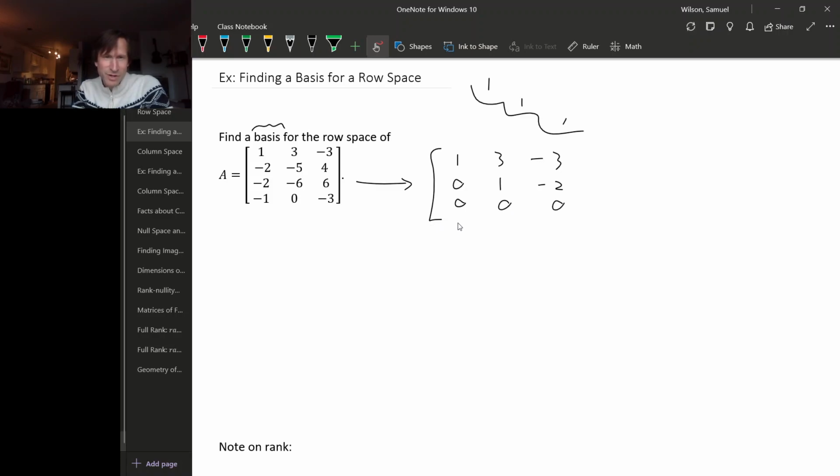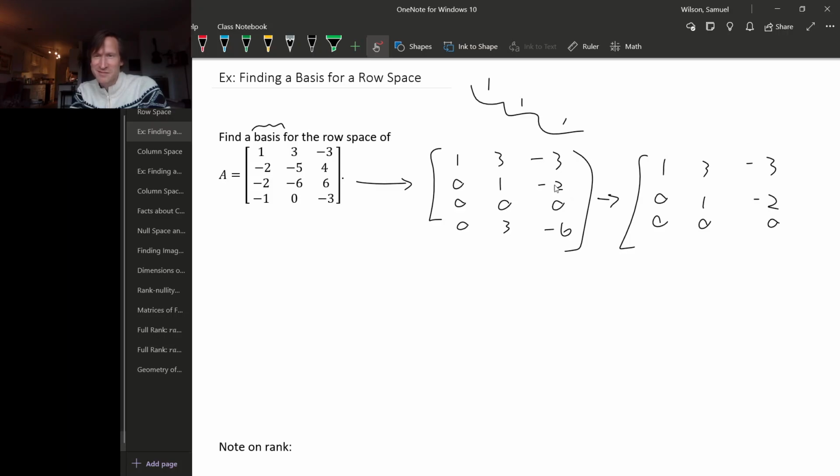And then for the last row, let's add 1 times the first row to the last row. We get 0, 3, -6. Now let's leave the first row alone, leave the second row alone, leave the third row alone because it's all zeros, and then subtract 3 times the second row from the fourth row, and that's going to give us all zeros.